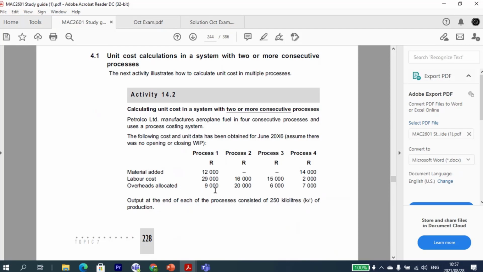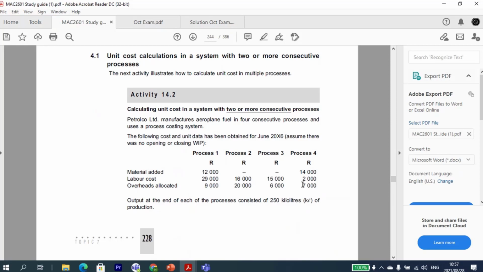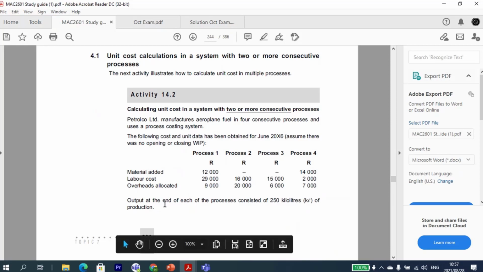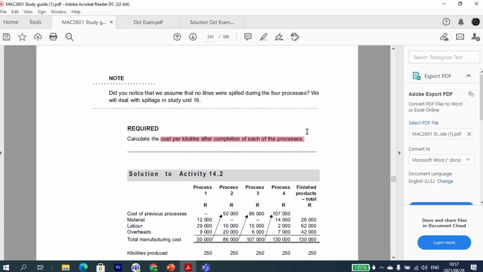And also your overheads, because remember your labor and your overheads, they form part of the conversion costs. They are spread evenly. Output at the end of the processes is 250 kiloliters of production. Okay, so they ask you to calculate the cost per unit after completing each of these processes.